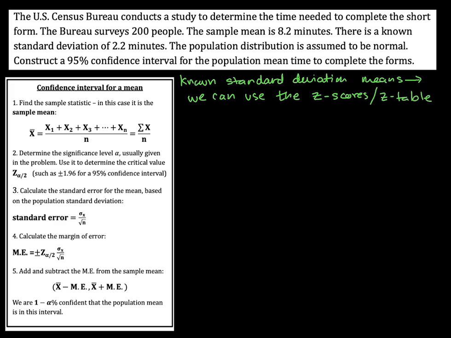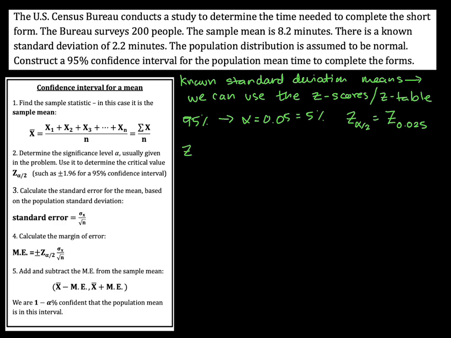All right, so we're going to construct the 95% confidence interval. As we saw on the previous page, if we have a 95% confidence interval, that means that alpha equals 0.05, which is our 5%, and so that means our z of alpha over 2 is z of 0.025.